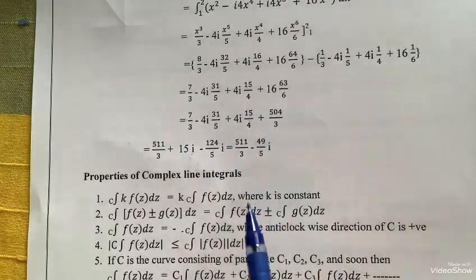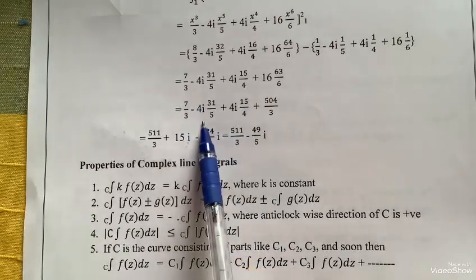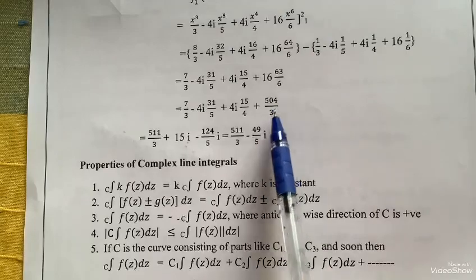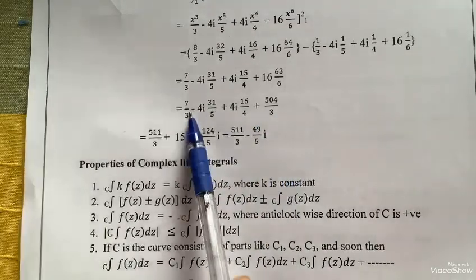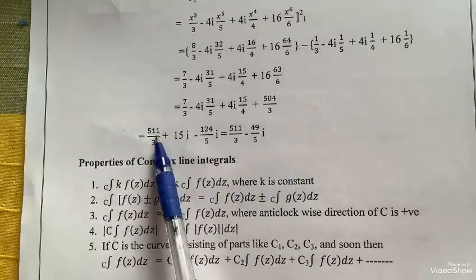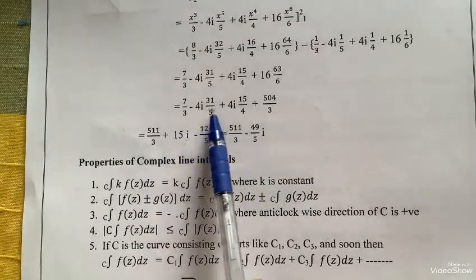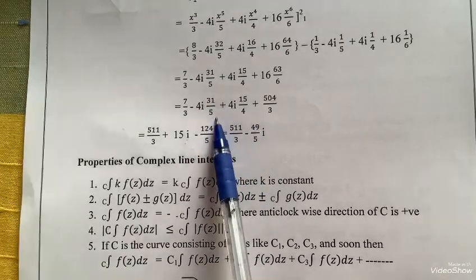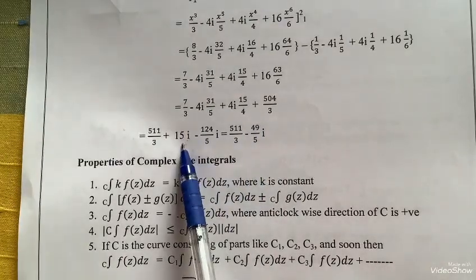So adding all these, 7 by 3 and 16 into 63 by 6 is 504 by 3. I will add first these two: 7 by 3 plus 504 by 3 is 511 by 3, and 4i into 15 by 4 minus 4i into 31 by 5.